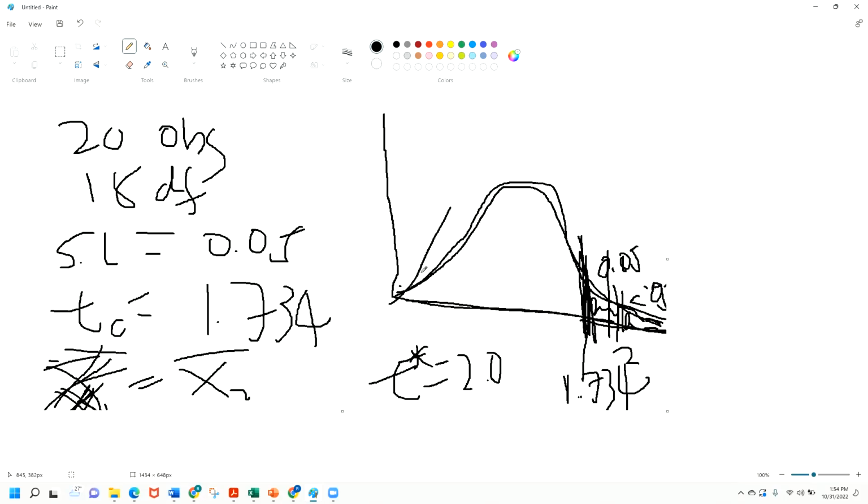A significant t-test result. So that's how it's done.